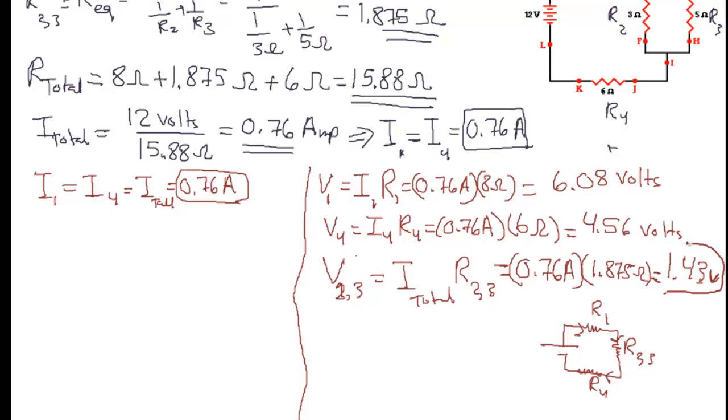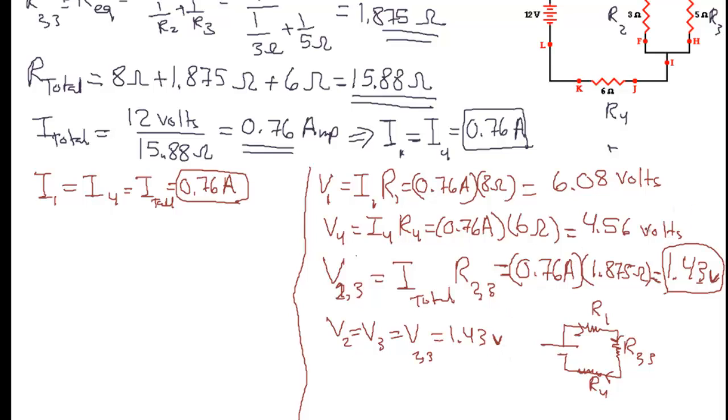And this will be the voltage drop across V2 and V3 since they are connected in parallel. So V2 is equal to V3 is equal to the voltage across the equivalence of 2 and 3, which is 1.43 volts. Okay.